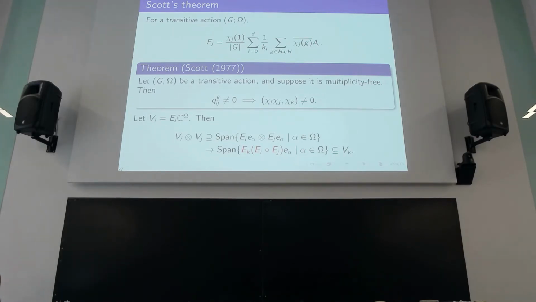For transitive action, we have that formula for central primitive idempotents. Scott proved this theorem that relates non-zeroness of these two numbers: if q_ijk, the Krein parameter, that is the coefficient appearing in the expansion of the entrywise product of primitive idempotents, is non-zero, then this tensor product coefficient isn't zero.